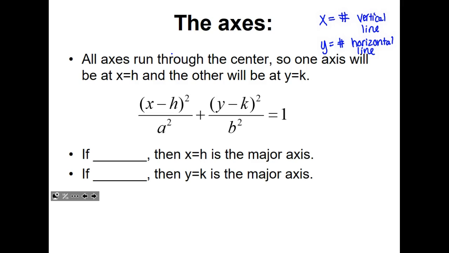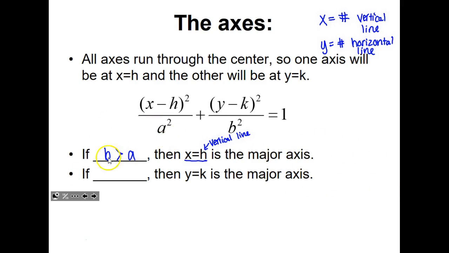Okay, so whenever we have the equation of our ellipse in standard form, then x equals h is a vertical line. And so since x equals h is a vertical line, that means that the ellipse was taller than it was wide, which means b is greater than a. So x equals h is our major axis.